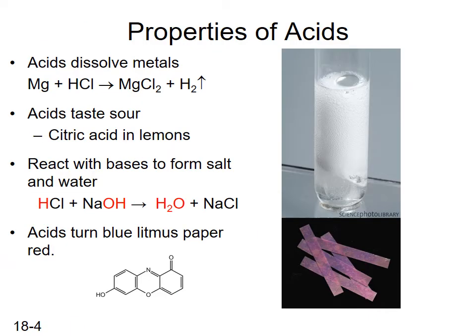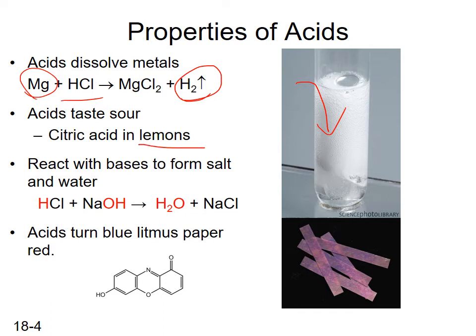Acids have the following properties. They react with metals. For example, when magnesium is placed inside hydrochloric acid, you can see bubbles coming out of the solution, and this is due to hydrogen gas formation. Acids taste sour.